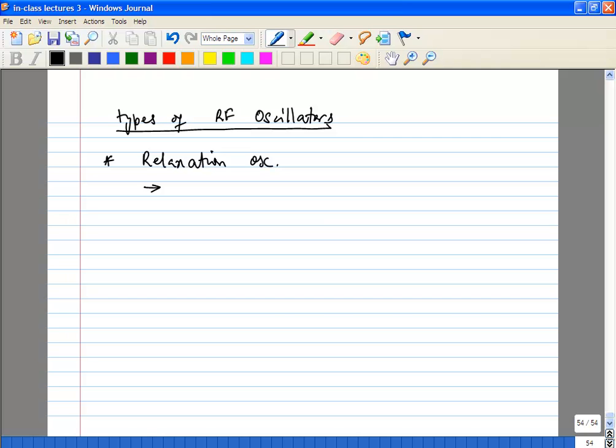Remember, your LO signal ideally you want it to be a delta function, a pure cosine. Unfortunately, these types of oscillators have noise that is too high to be useful in RF transceivers. So we are not going to concentrate on them.